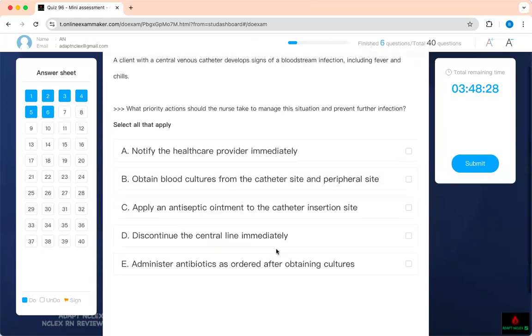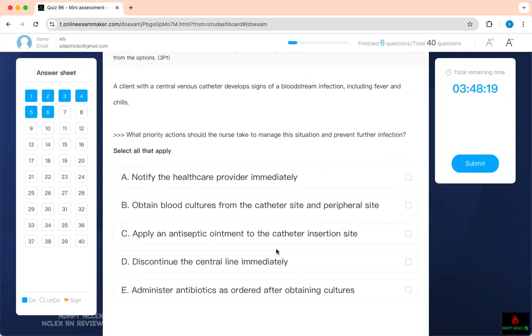Next question. Which priority action should the nurse take to manage the situation and prevent further infection? A client with a central venous catheter develops signs of bloodstream infection, including fever and chills.